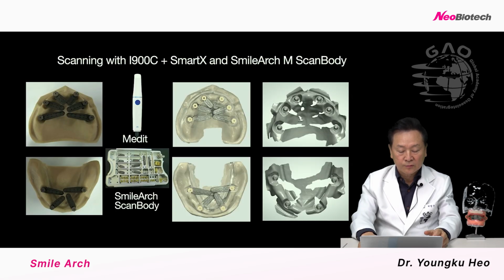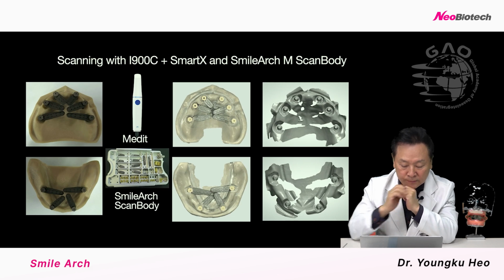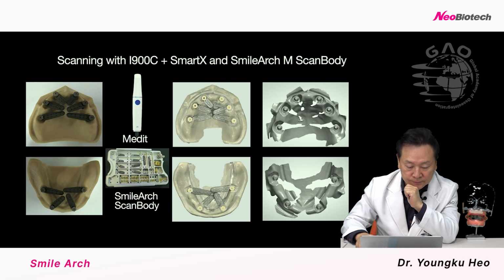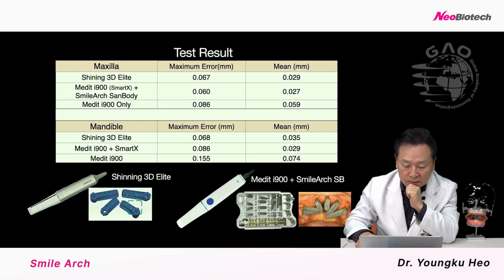So we did a little study comparing with this Shining 3D scanner. We're using the Merit and SmileArch scan body. Okay? So we studied that and analyzed. Finally, we got this result.